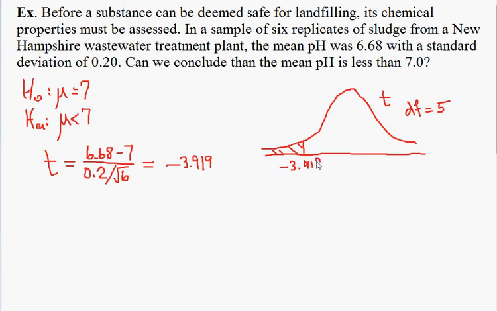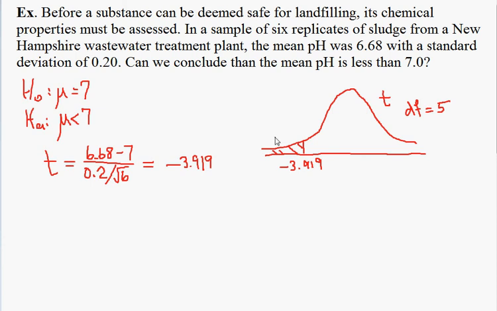And as always, the part that gets shaded is going to be dependent on what the form of the alternative hypothesis is. Here I have a less than, and so I shade to the left. If I have a greater than, I must shade to the right. And if it's a not equal, I actually shade both tails, and then basically my answer gets doubled.